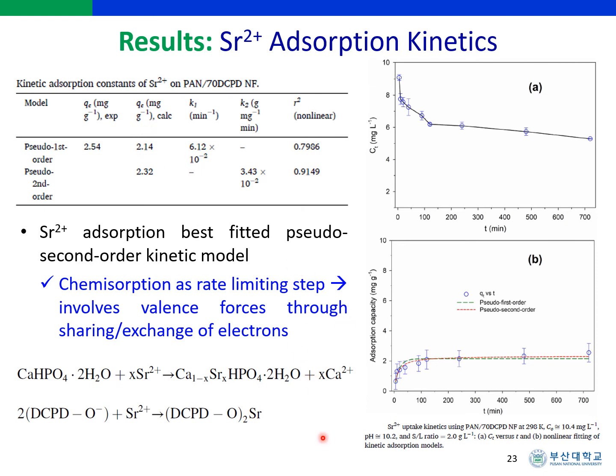These results reveal that the rate-limiting step in strontium adsorption by the composite adsorbent is chemisorption, which involves the sharing or exchange of electrons, specifically through ion exchange and surface complexation.